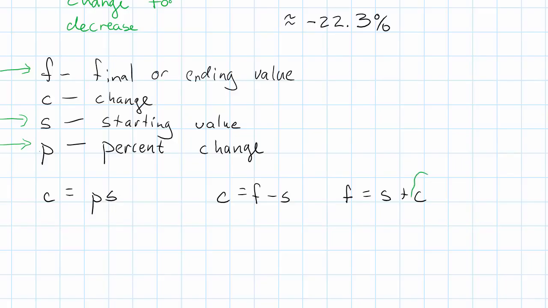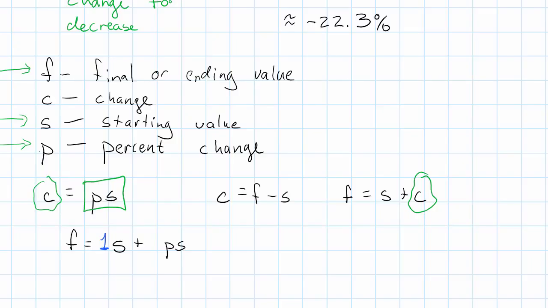Well, we're going to take the change and substitute this expression that we know is equal to the change to get the equation final equals start plus percent change times start. Okay, we're almost done, but we're going to manipulate this just a little bit. Remember that start is 1 times start.